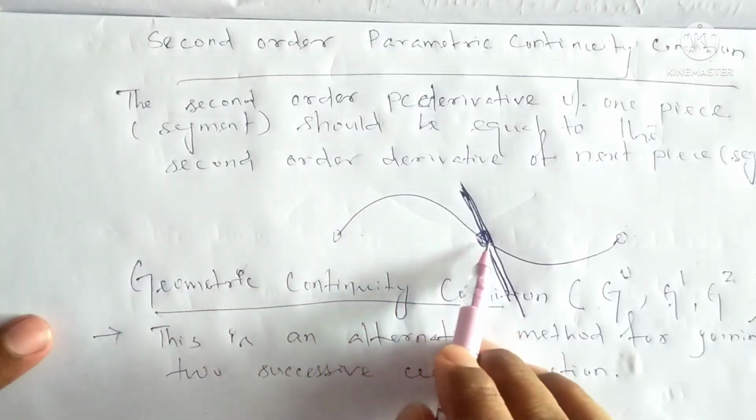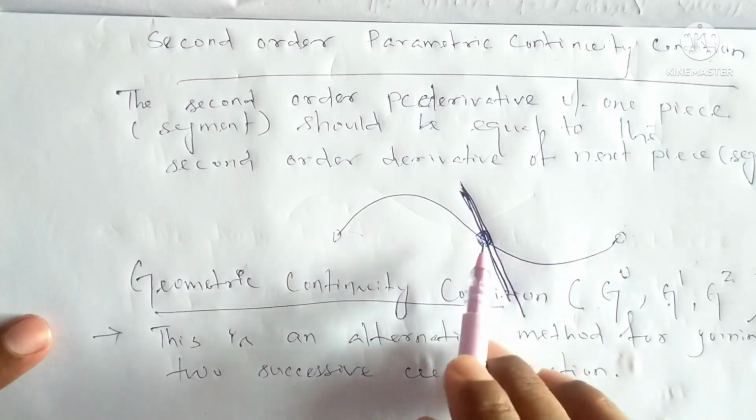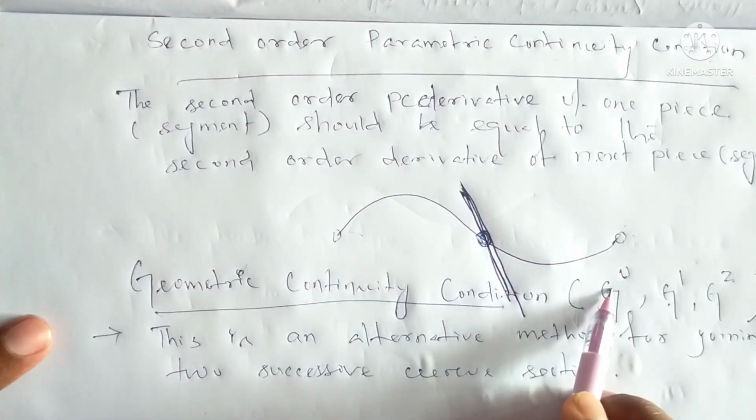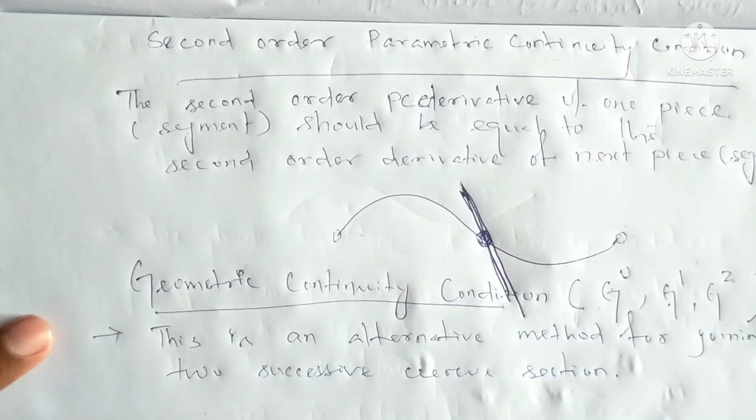What is the joining point? The joining point between the first segment and the second segment. If it is the same, then we call it the zeroth order geometric continuity condition. Similarly, G1 and G2 can be written similar to the first order and second order parametric continuity conditions.